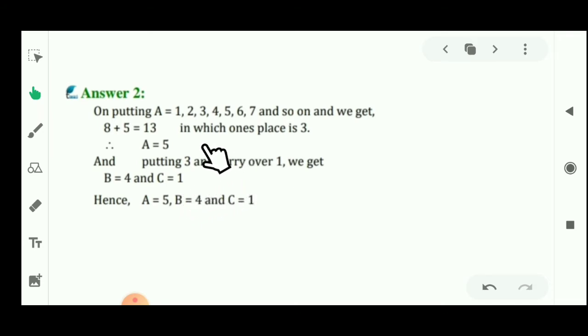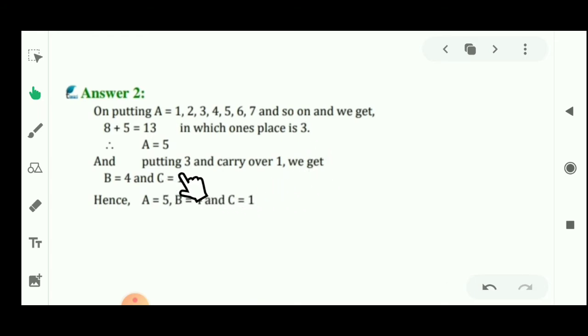Students, in this solution, firstly you have to try to put the value of A, that means 1, 2, 3, 4, 5. Then you can find that the value 5 will satisfy this solution, because 5 plus 8 means 13. So the one's place should be 3, and 1 should be in the carry.